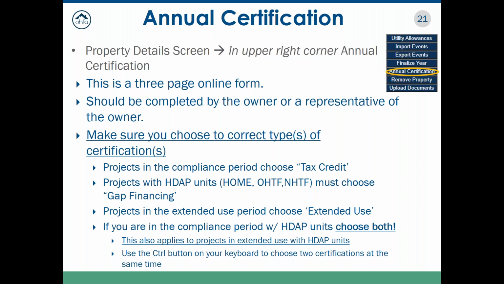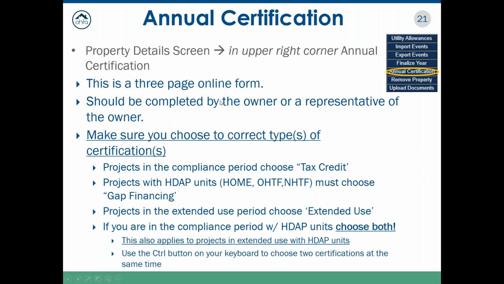And if you are in extended use, it's the same, you just want to make sure you click extended use as the certification type. If you have two types of funding, meaning you're in the compliance period and you have HDAP units, you want to make sure you choose both. You just want to use the control button on your keyboard in order to choose both types of certifications.